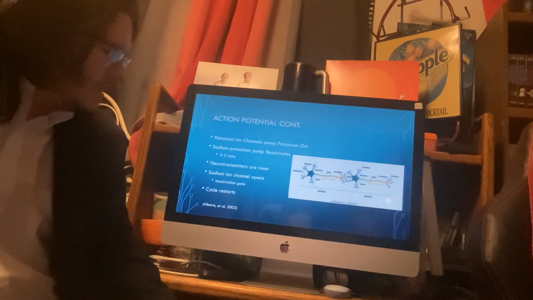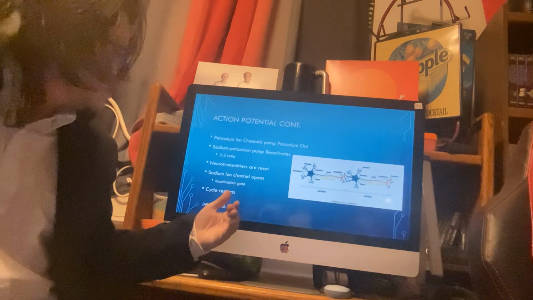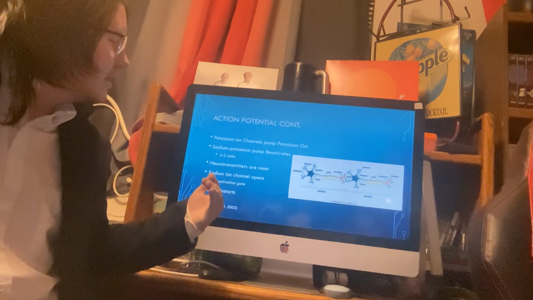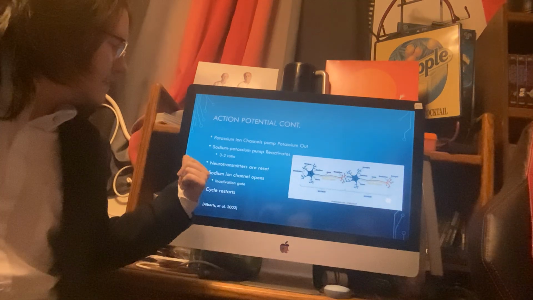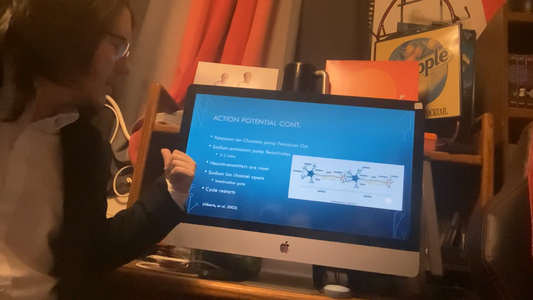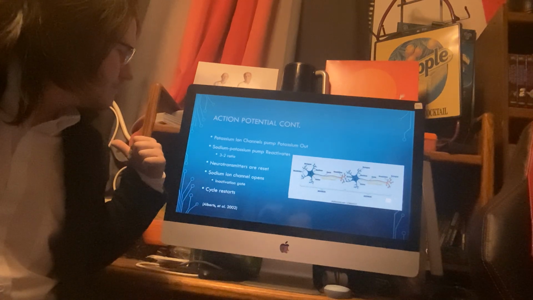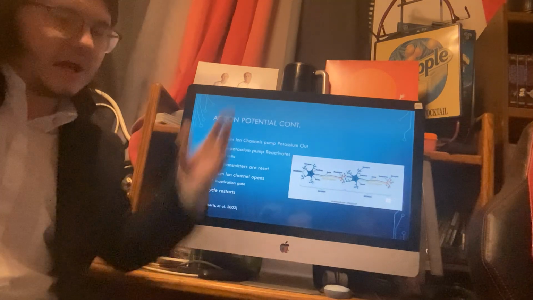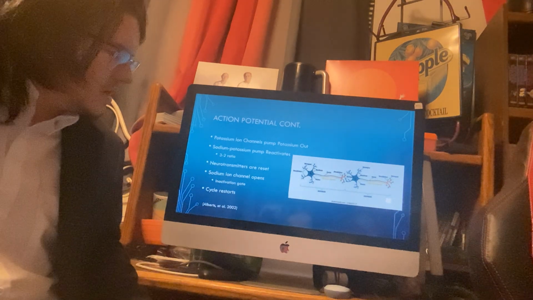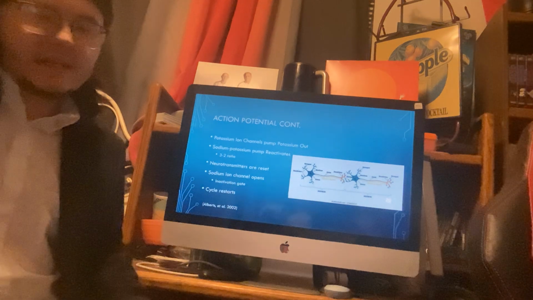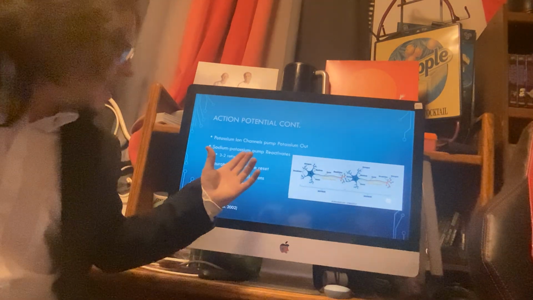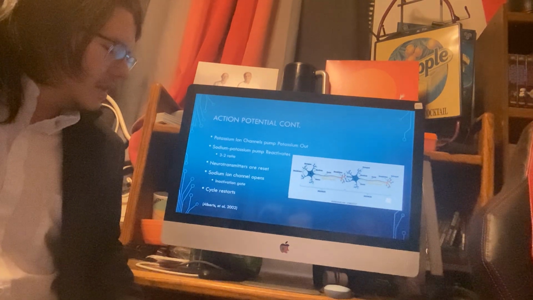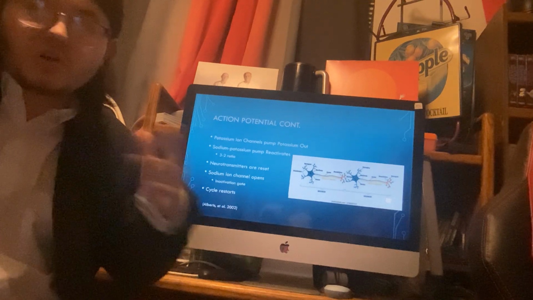This allows it to reset so it can start over again. The neurotransmitters reset. The sodium ion channel opens back up, allowing sodium to go back through, because the inactivation gate popped up when the amplification was done with.